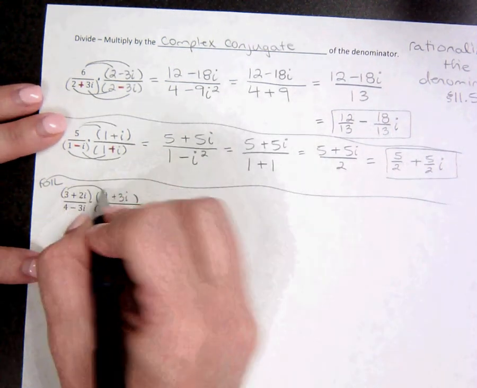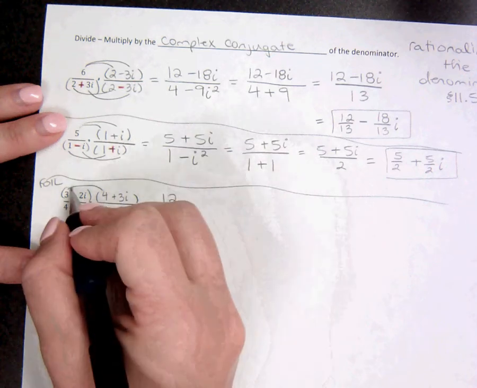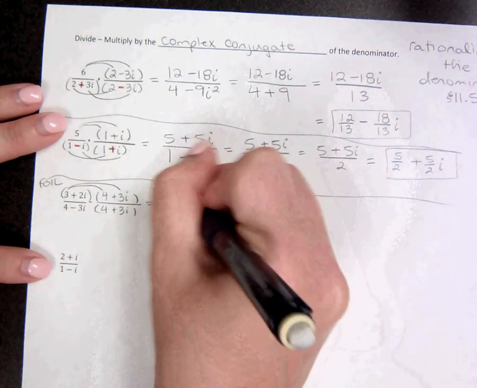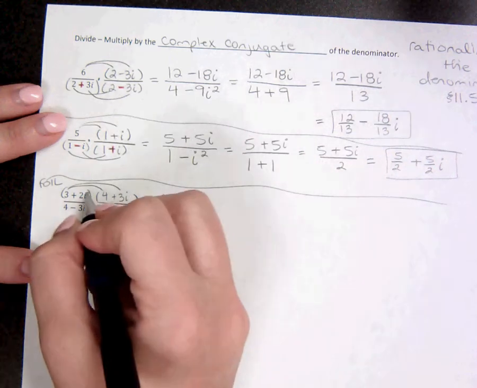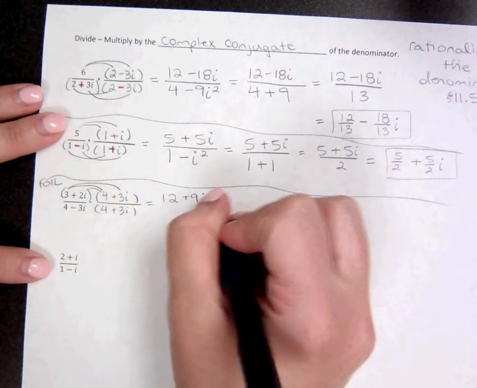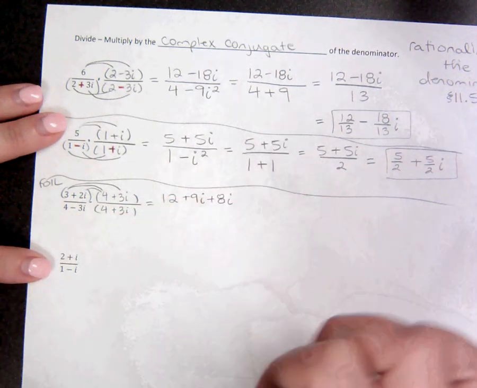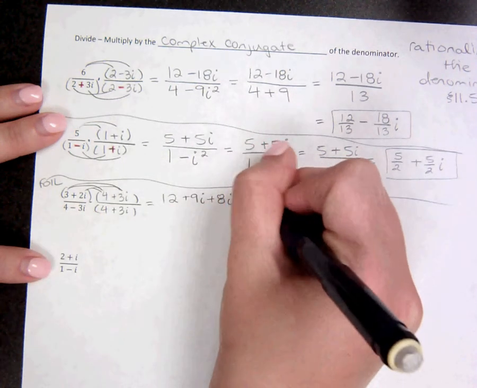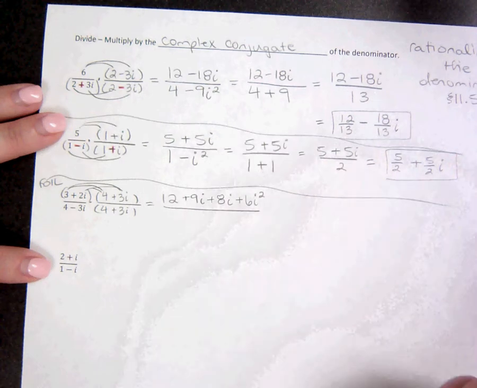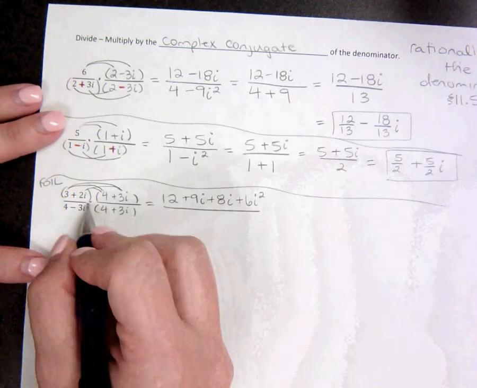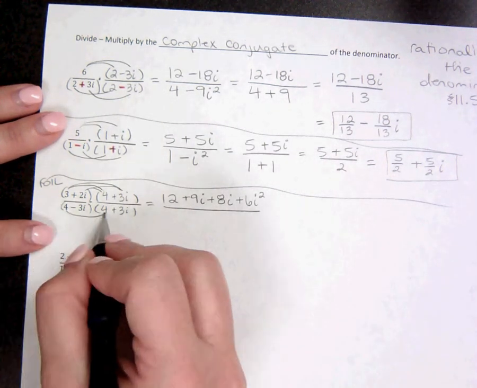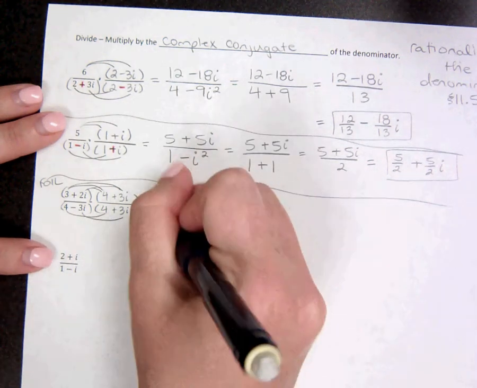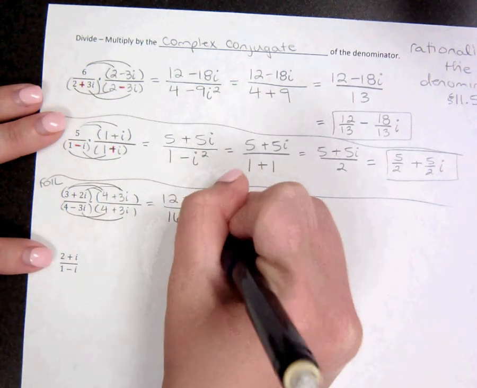So 3 times 4 is 12. 3 times 3i is 9i. 2i times 4 is 8i. And 2i times 3i is 6i squared. We'll clean that up in a minute. On the bottom, because they're conjugates, we can just do first and last. That's 16 minus 9i squared.